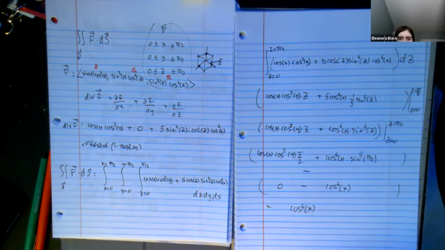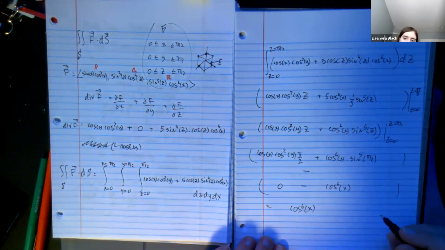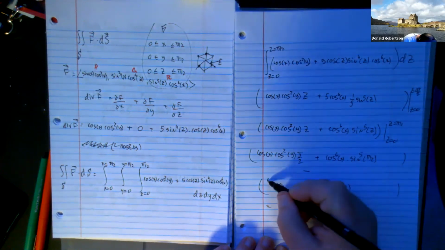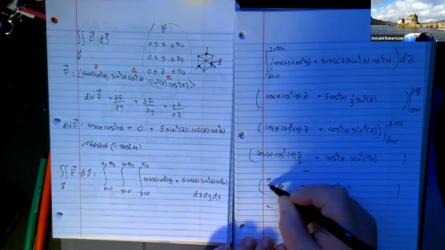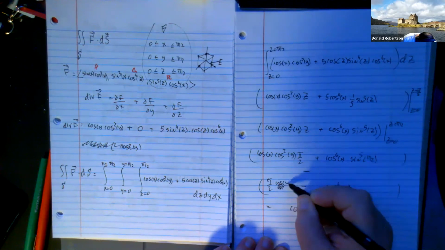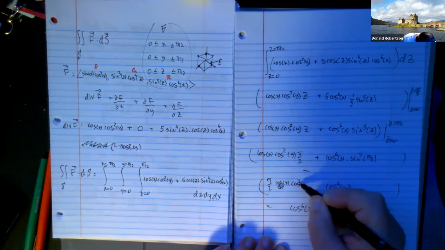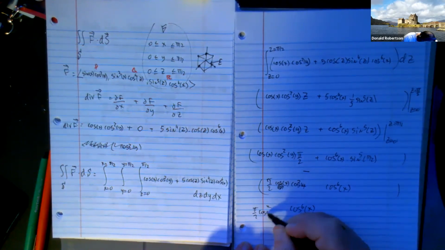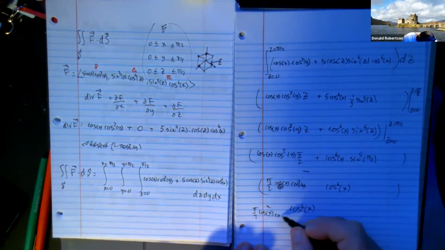Wait, why does cosine x cosine squared y times pi to the half equal to 0? That's a good question. It isn't, is it? It's pi upon 2 cosine x cosine squared y. I do not like this question at all.